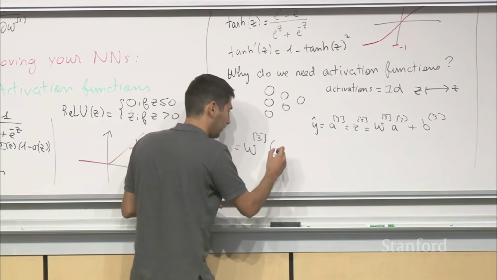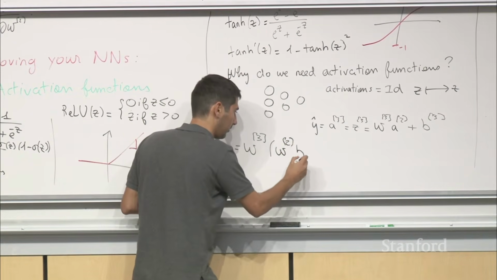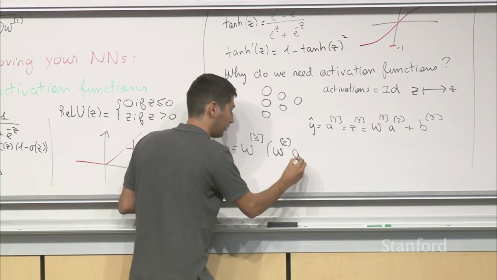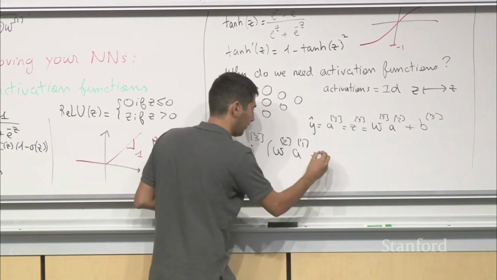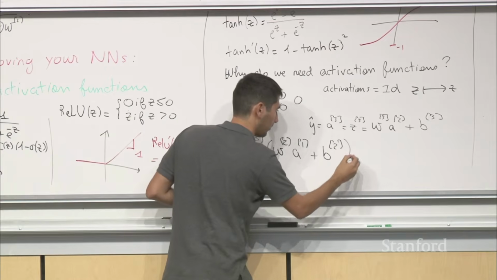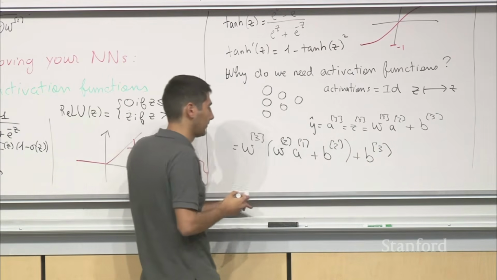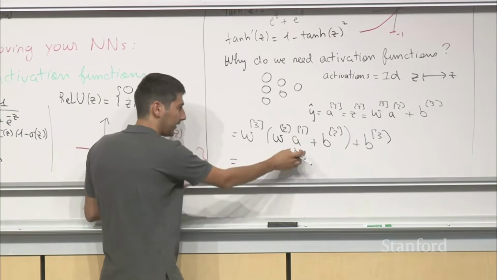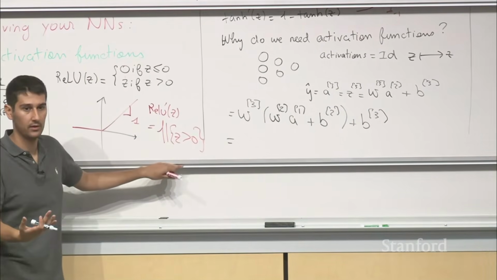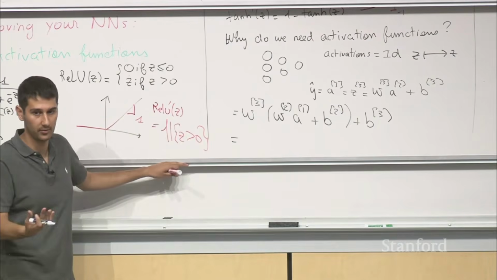So I can substitute here W2 A1 plus B2 plus B3. I can continue. I know that A1 is equal to Z1, and I know that Z1 is W1 X plus B.